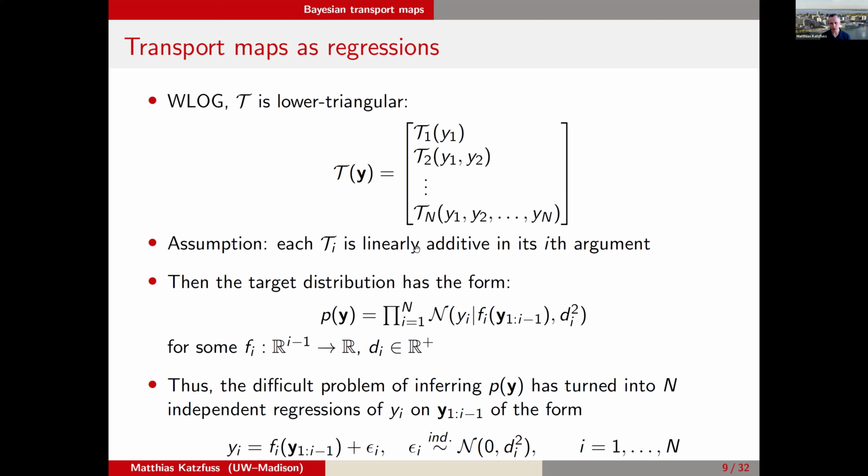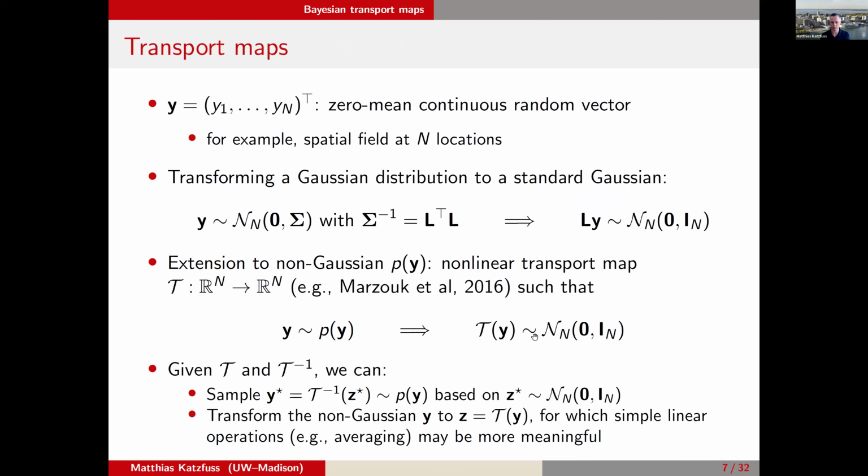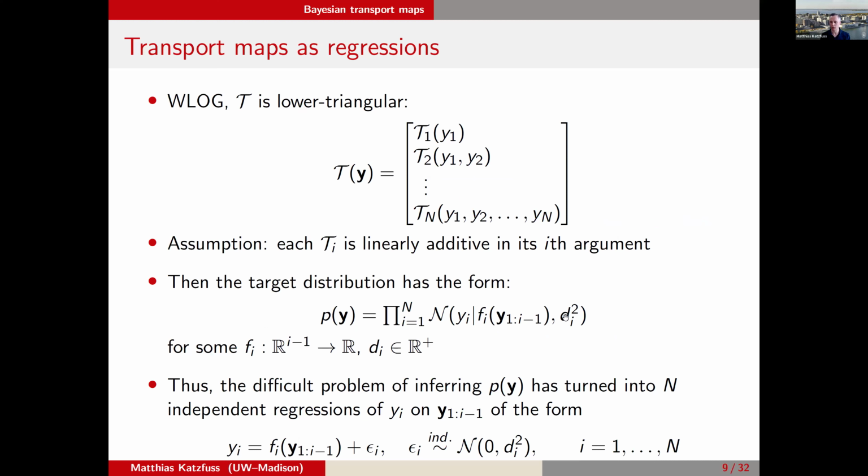If we make this assumption, then it's relatively straightforward to show that the implied density of y, the P of y implied by this relationship, can be written in this product form, where we have normal distributions for each y_i, where the mean of the normal distribution depends in some potentially nonlinear way on the y's that are ordered previously, y1 up to y_{i-1}, and then we have some variance term d_i squared there.